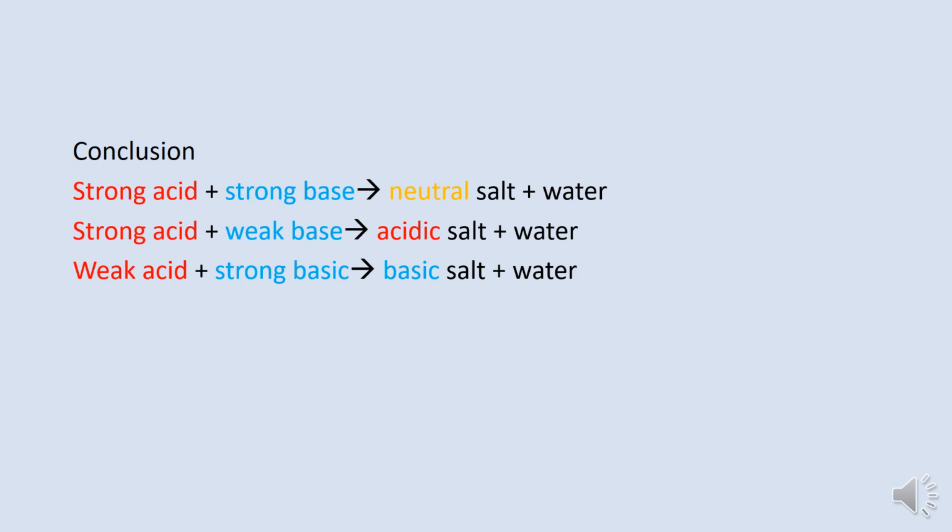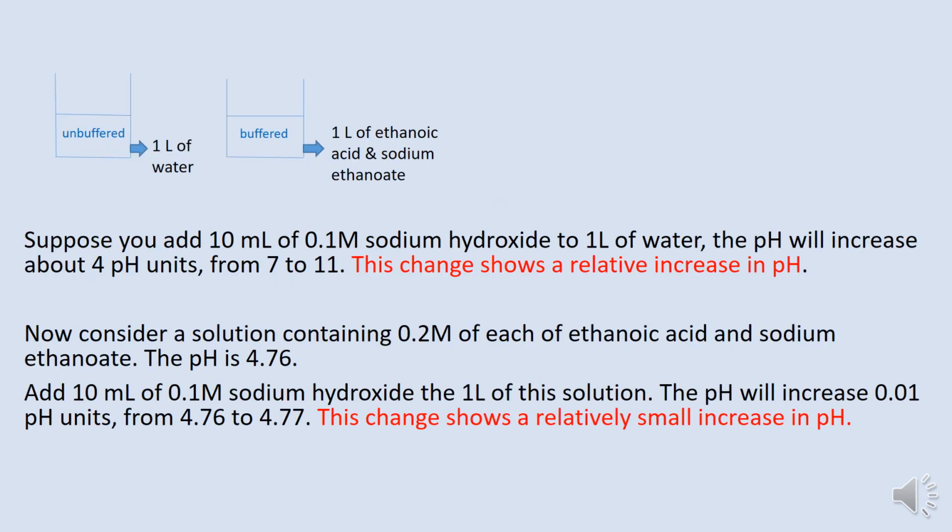So this salt is basic because the base is a strong base. So here, strong acid with strong base gives a neutral salt, strong acid with weak base gives an acidic salt, weak acid with a strong base gives a basic salt.